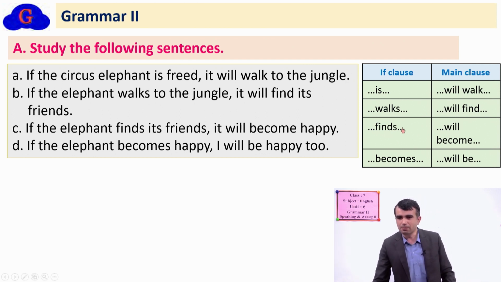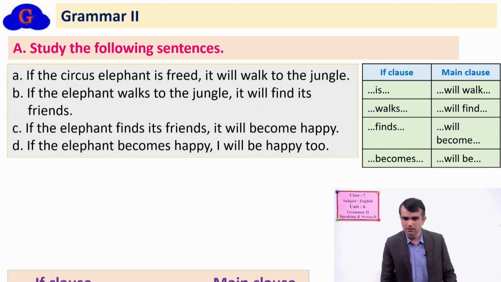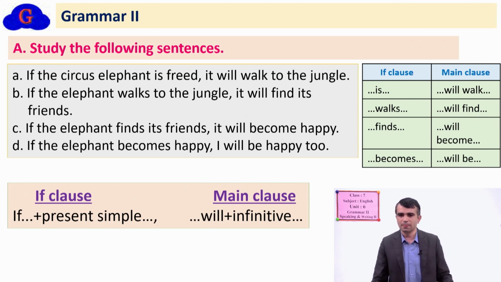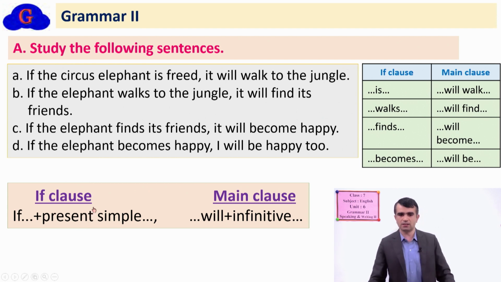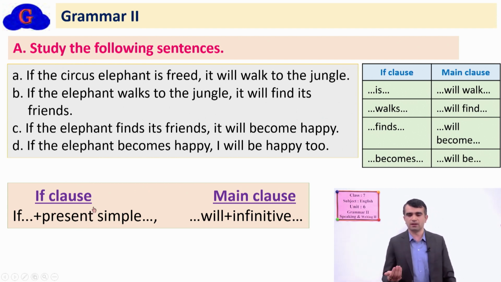Well, in the if part only, what tense is used? Very good, simple present. And the main part, will plus what? Infinitive, or what we call verb 1. In the if clause, there is if, then the subject, the circus elephant, similarly the elephant, and after that the verb is in present simple.